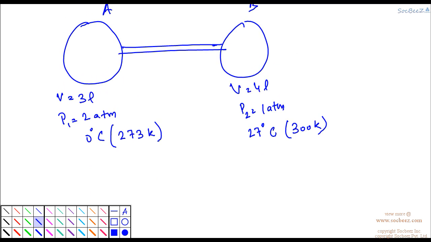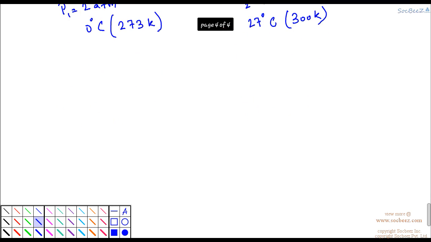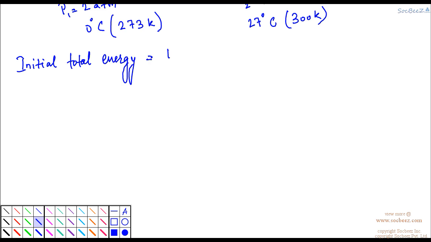So whatever the molecules had in store on the right-hand side and the left side, when they mix, they also have the same energy. Let's suppose there were N1 moles in the A container and N2 moles in the second container. So we are saying that initial total energy equals final total energy.